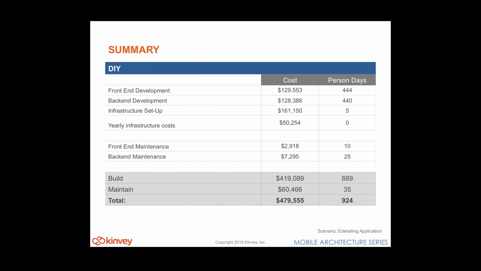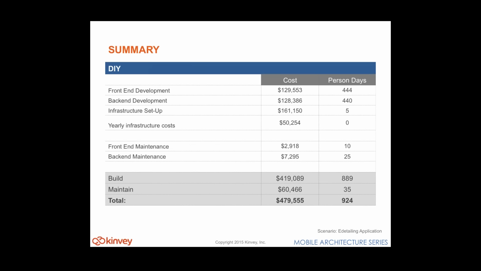So in summary, for a do-it-yourself infrastructure, you've got your front-end development costs, which is the 444 person days multiplied by that blended rate. Same thing for your back-end and the infrastructure. And the maintenance costs we broke out separately for the front-end and back-end.